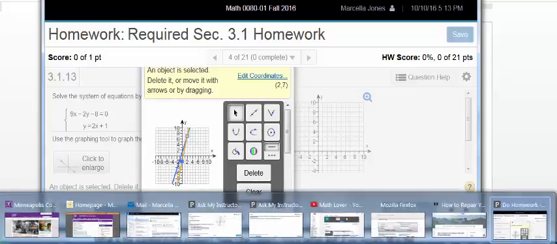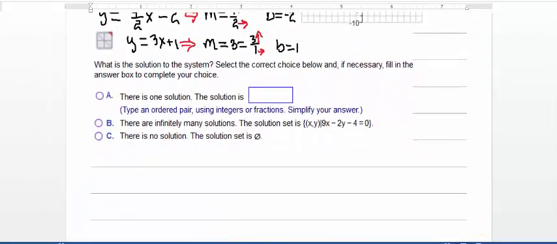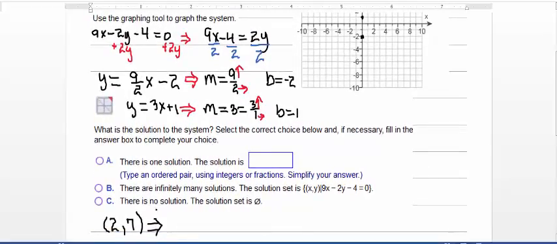Now if we're not sure that we're actually at the correct point, we take what we think that point is. The nature of the graph makes it kind of difficult to tell if we're at the point of intersection or not. So we test what we think is true by replacing x with 2 and y with 7 in both equations, and use the original equations.